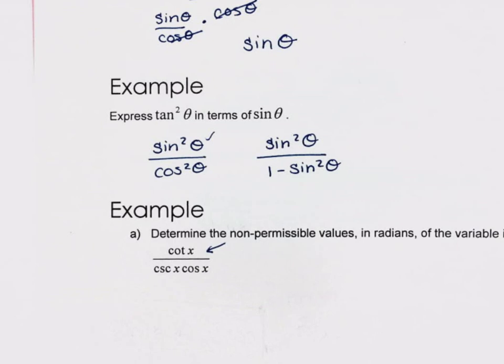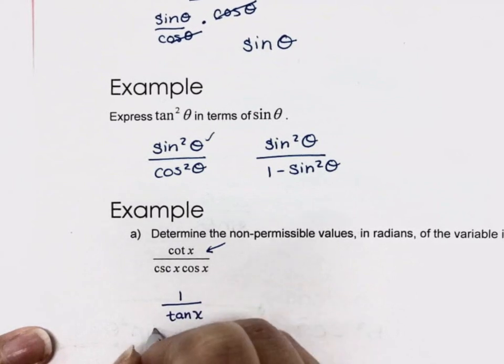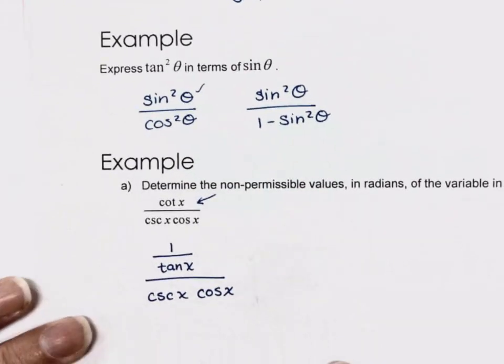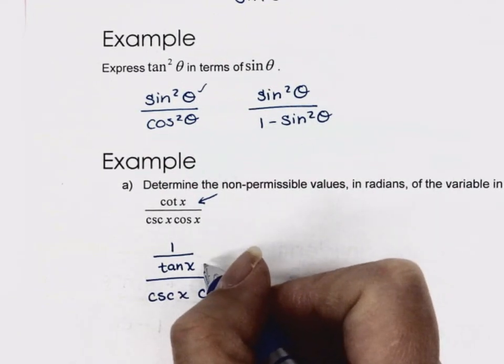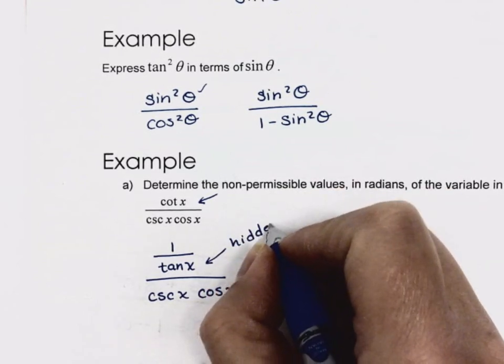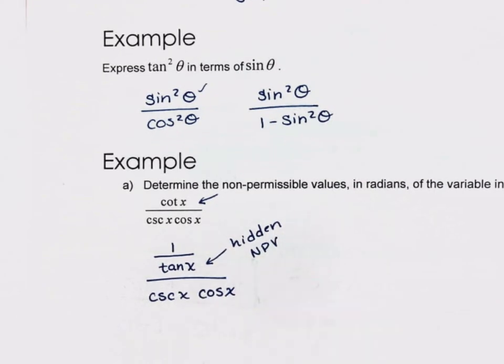So this would be 1 over tan x. And we can leave this as cosecant x, and we can leave that as cos x if we want. All that's fine. I just wanted to show you the hidden non-permissible value because if I have an undefined on tan in the numerator, then we're going to have a problem for that whole fraction.